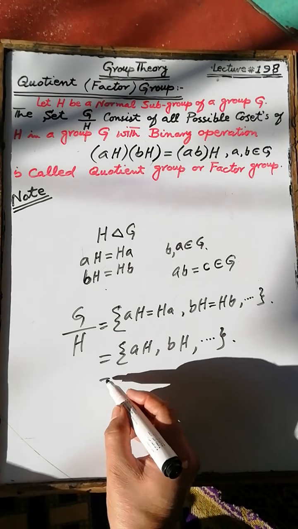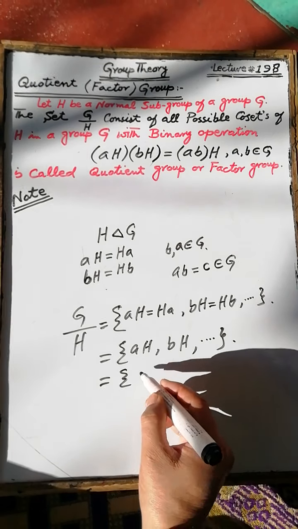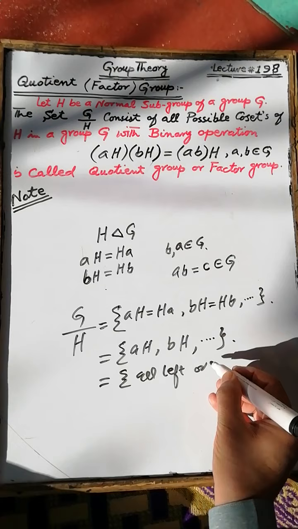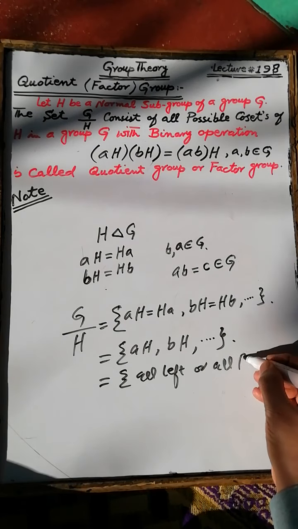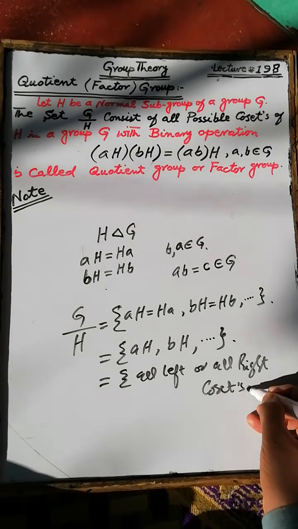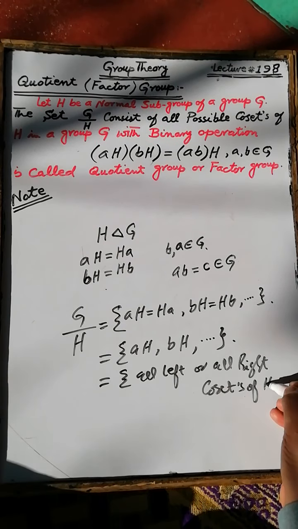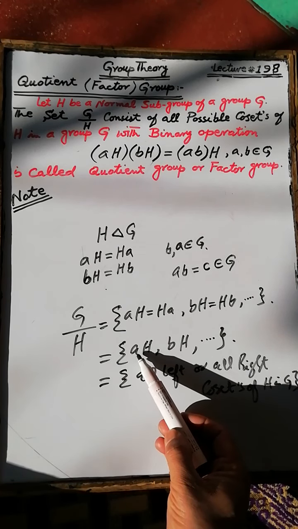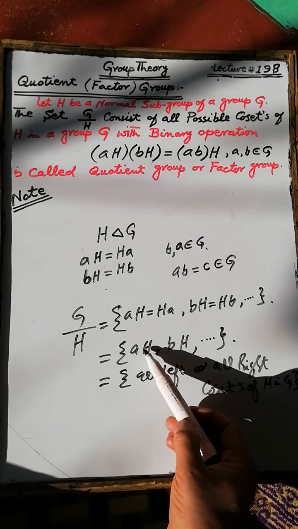Therefore, in this set we collect all left or all right cosets of the subgroup H in a group G. Because all the left cosets aH are equal to Ha, the right coset.